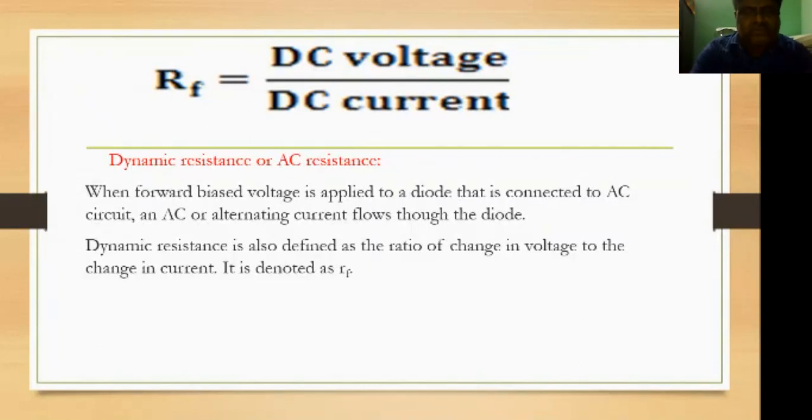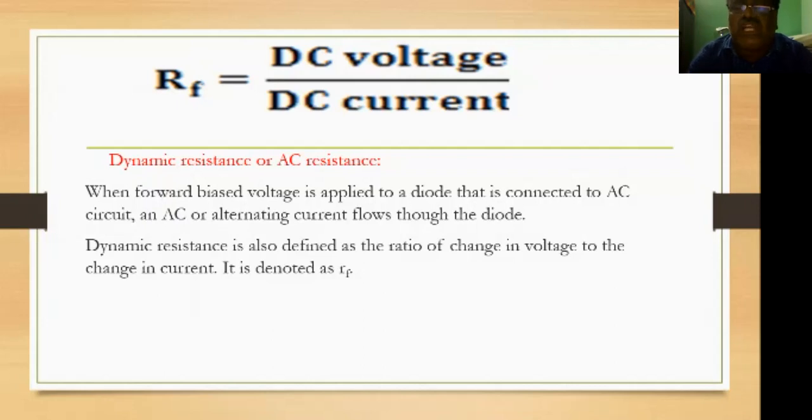When a forward bias voltage is applied to the PN junction diode connected to an AC circuit, and alternating current flows through the diode, the dynamic resistance is defined as the ratio of change in voltage to the change in current.